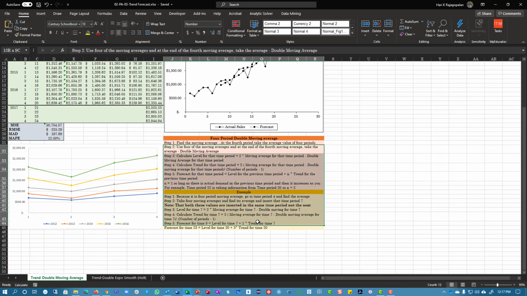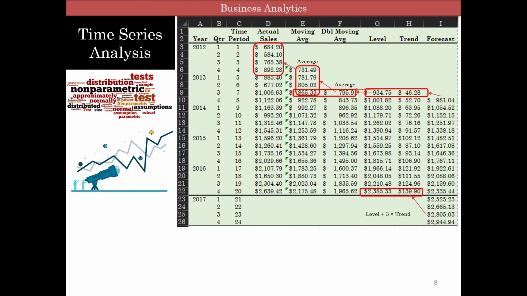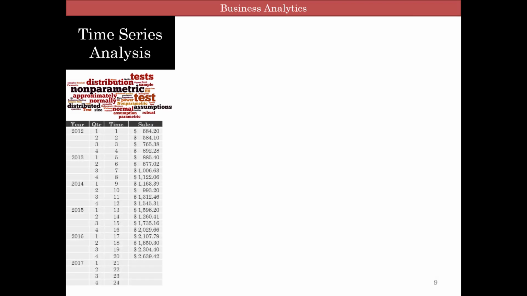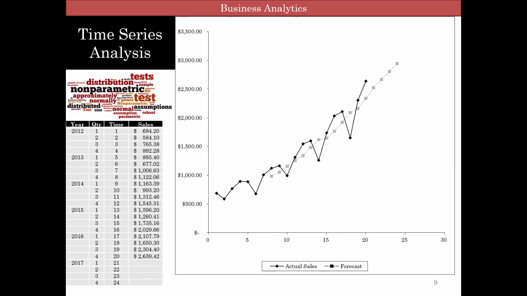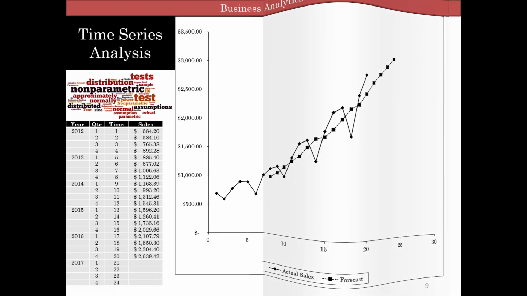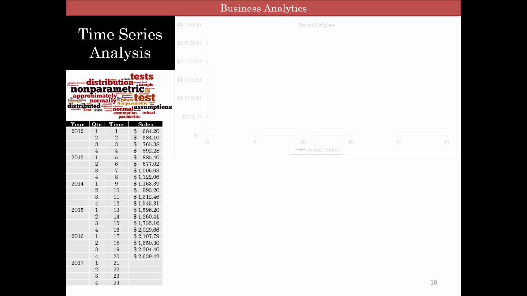And here's a good example on how you can do that. So with this, we finish double moving average, and here is our actual forecast. And you'll notice the seasonality, all the up and down stuff is smoothened out, and all you see is one straight linear line, which shows us the trend. So that's the advantage of this double moving average forecast.